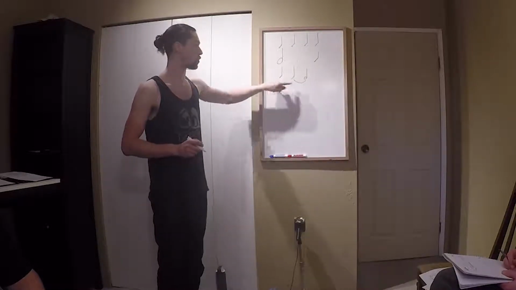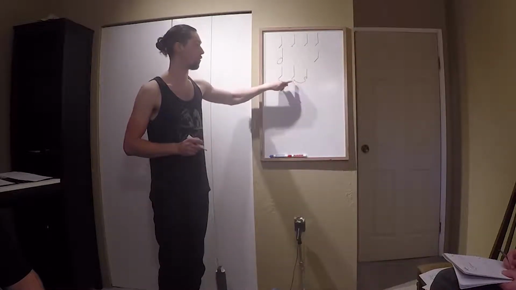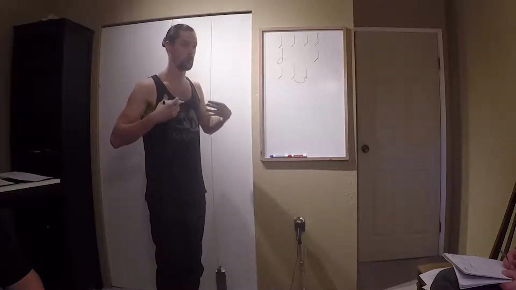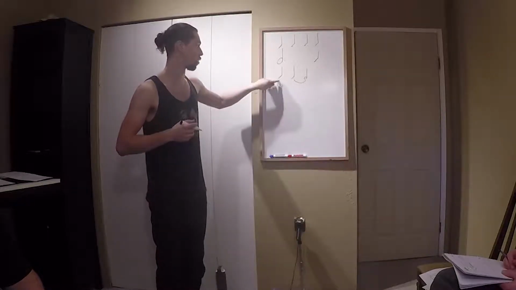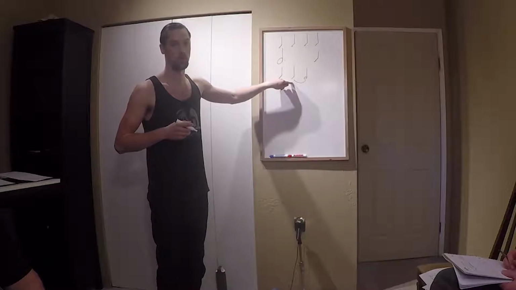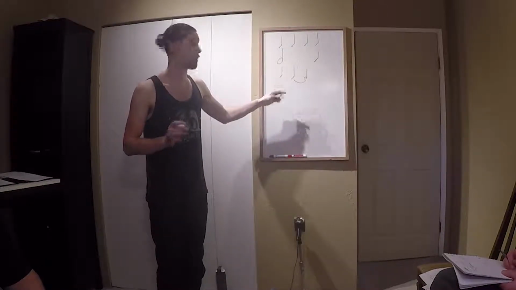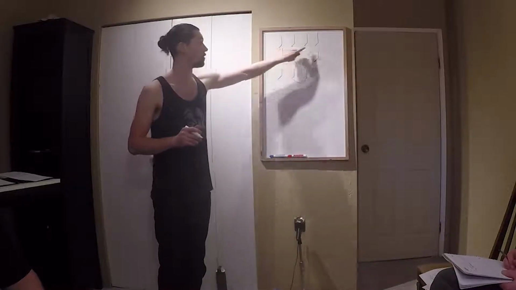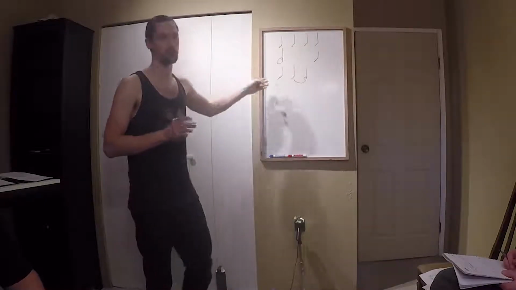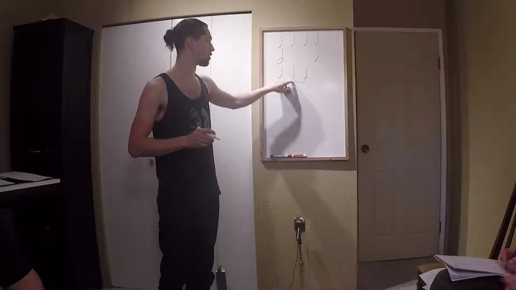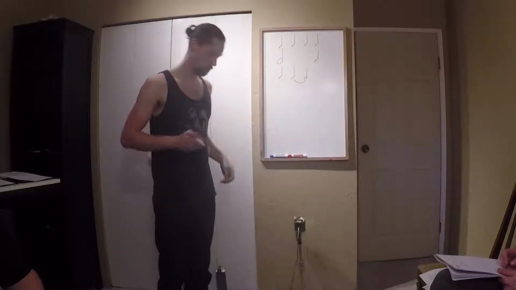So by doing this, we're conveying more information to the reader than if we simply had a quarter note and a dotted half note. There might be examples where that's totally fine. Like if we consider all of these to be equal, then that's totally fine. Then we could just have a quarter note and then a dotted half note.